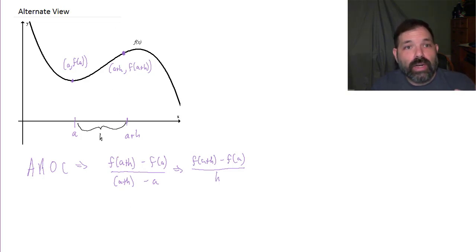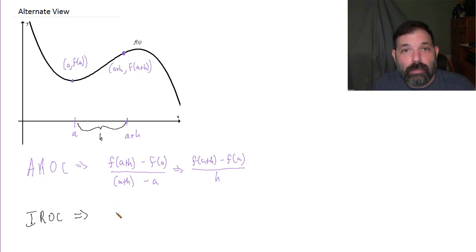Then, if we wanted an instantaneous rate of change, IROC, all we would have to do is take this h value and get it close to 0. If we can get that h value close to 0, that gives us the instantaneous rate of change.